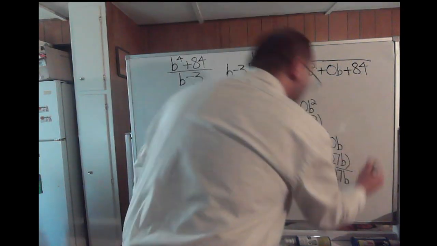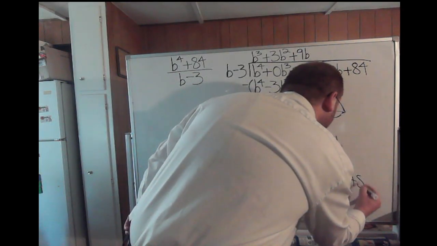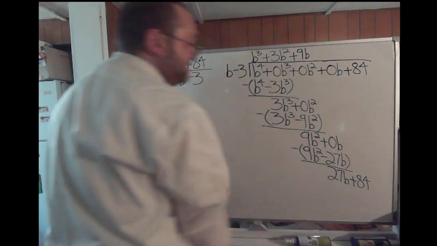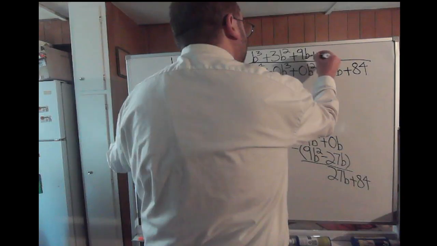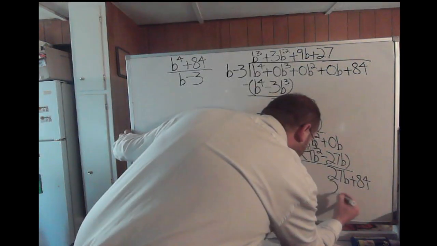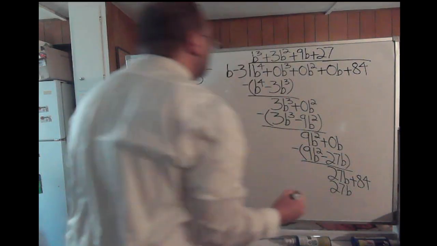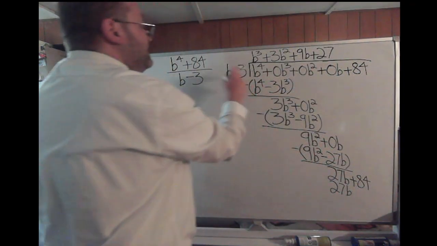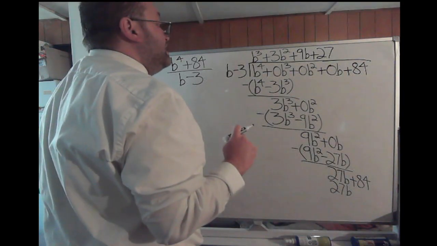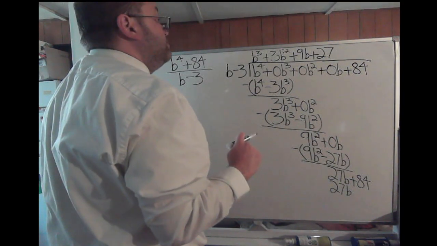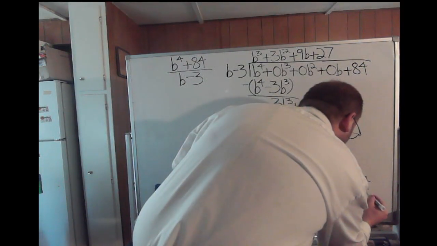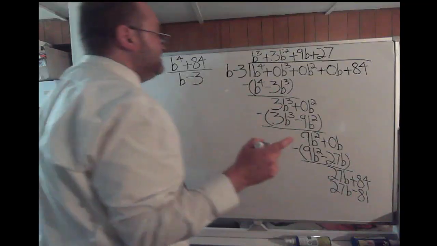Then once you're done, bring down your 84 from the dividend. B times what equals 27b? Well, that'd be positive 27, right? So then 27 times b, that's going to be 27b. And then 27 times negative 3, what is that? That should actually end up being negative 81. You'd end up getting negative 81 for your answer.